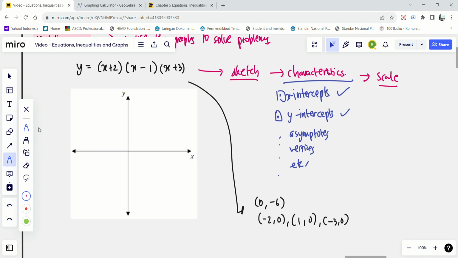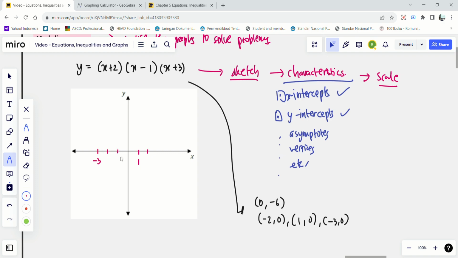So here we are. Because the numbers that we have are pretty small, we can put a scale of 1 here. So this is 1, 2, 3, and so on, -1, -2, -3.